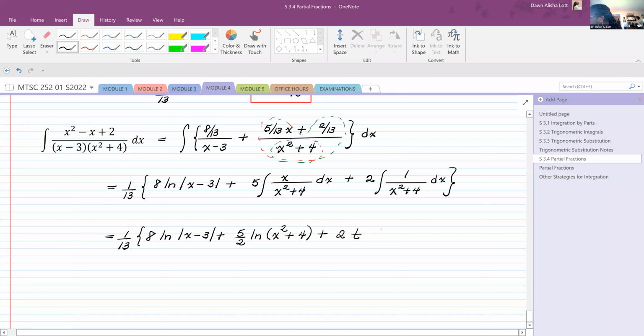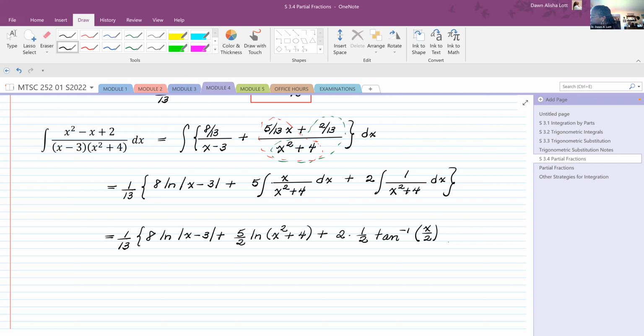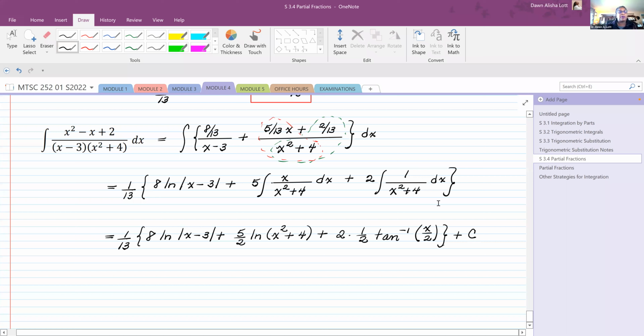The tan inverse, I forgot my 1/a. 2 times 1/2, 1/a, the tan inverse of x/a. And that whole thing all done plus a constant. Okay, any questions about that? Any questions?